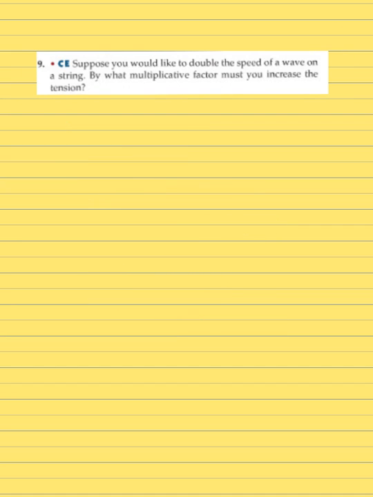Okay, let's move on to a problem where we are going to look at our second equation for waves on a string, which is my speed equals the square root of my tension over my mu. So this is asking if I would like to double the speed of a wave, what would I have to increase the tension by? Okay, so let's think about this.